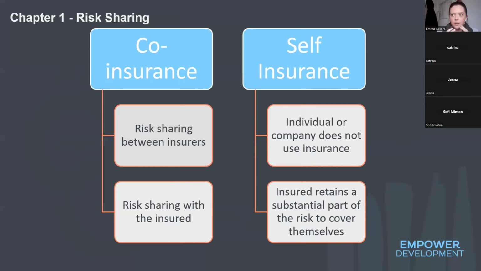So insurers are going to decide what's an acceptable risk for them to take on and what's not an acceptable risk. And if an insurer gets a risk that's a bit outside of its comfort zone, outside of its acceptance criteria, then the insurer can decline the risk. Of course, we don't want to cover that, or they can find a way of sharing it with somebody else. And that's when we look at co-insurance.